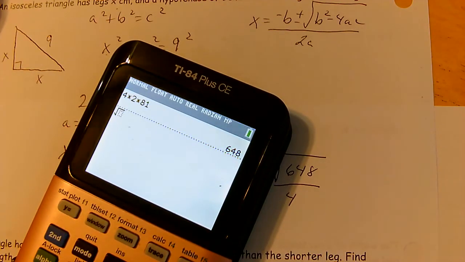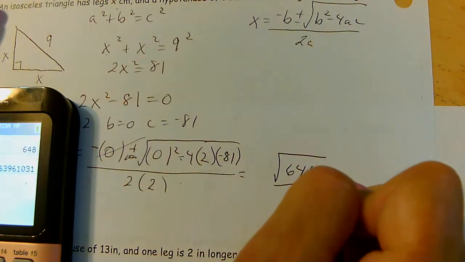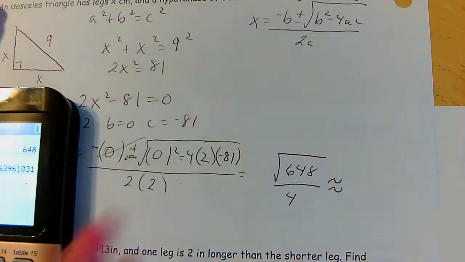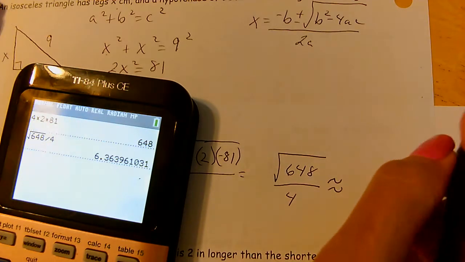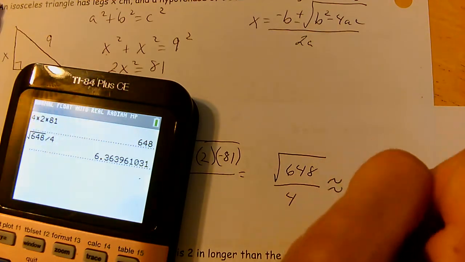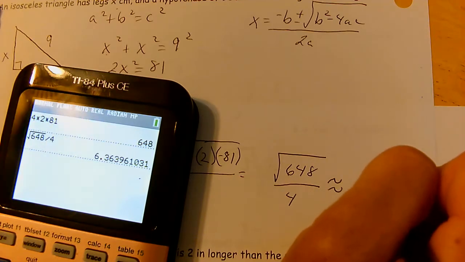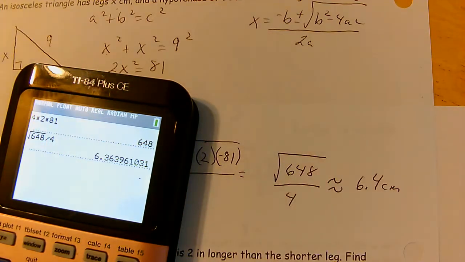Square root of 648 over 4. So I'm rounding it approximately to 6.4 centimeters using the calculator.